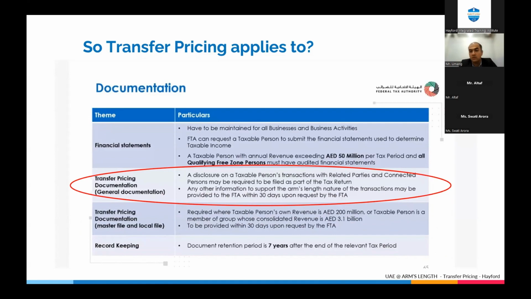One is the disclosure form, and the second would largely be any other information to support the arm's length nature of the transaction. Now, how do you support the arm's length nature of a transaction unless you really do the FAR analysis, which is functional analysis and economic analysis, and do a benchmarking or comparison with respect to the arm's length or market value pricing? You may not be able to substantiate.